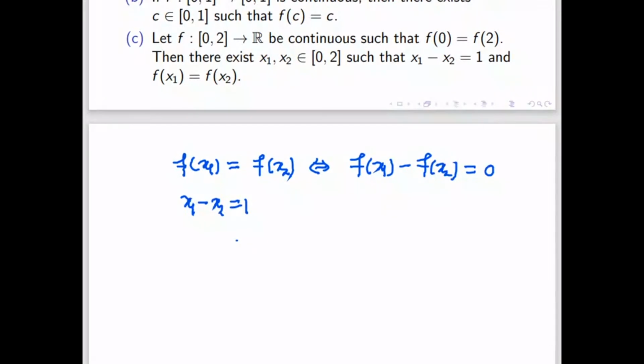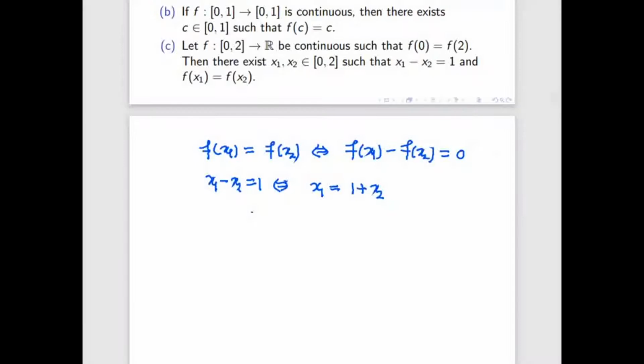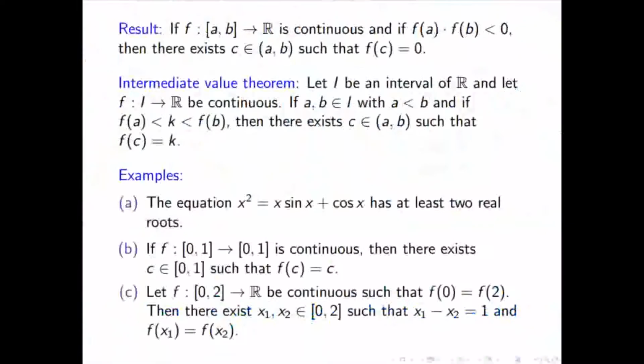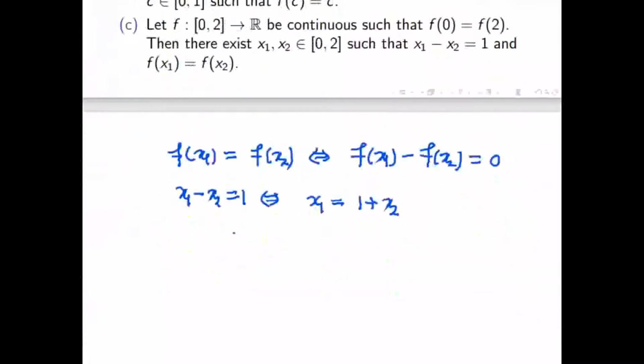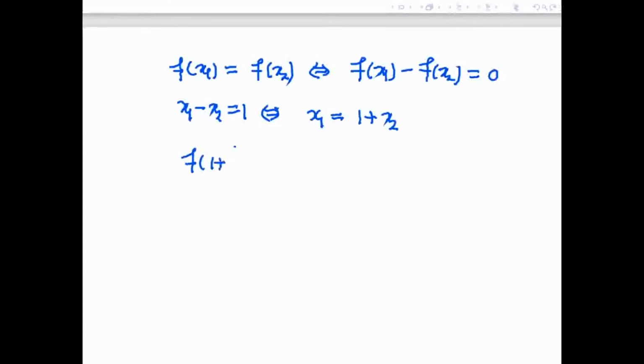So this will give x1 equal to 1 plus x2. So I will replace x1 here. I want to convert into only one variable, not two variables x1 and x2. That means we get f of 1 plus x2 minus f of x2 equal to 0. This I have to prove.